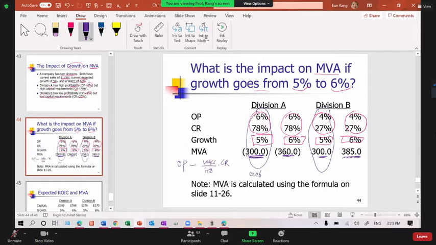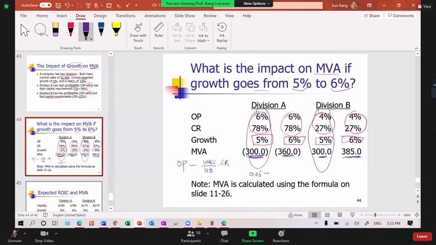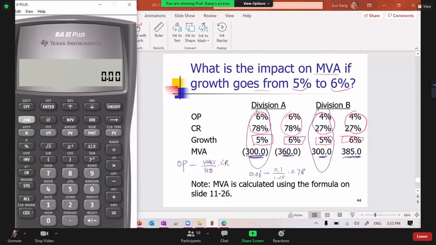So 0.06 minus WACC, which is given here as 10%, so 0.1. And growth: 1 plus G is 1.05. Times capital requirement 78%, like this, right? Then we have 0.1 divided by 1.05, 0.10, right? And times 0.78, 0.07.